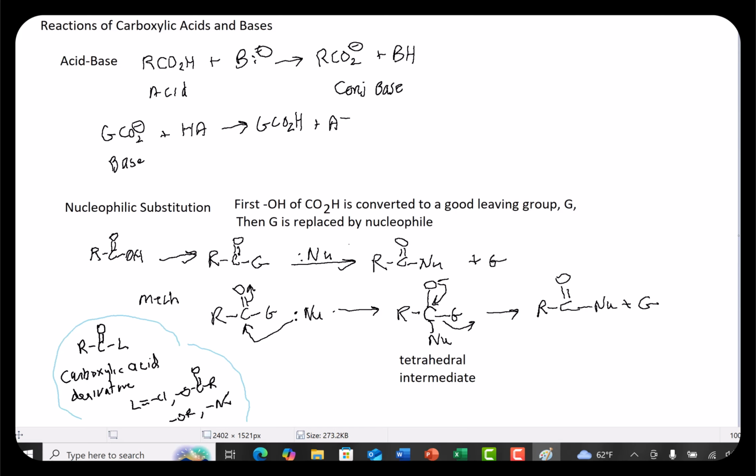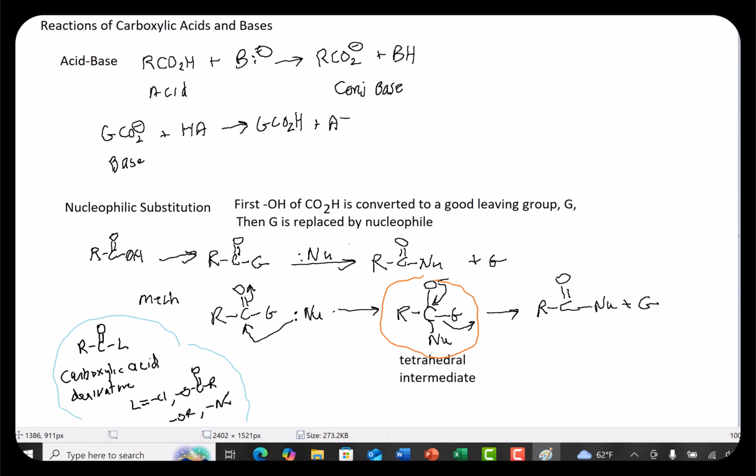The nucleophile bonds to the carbonyl compound to form an intermediate species, shown here. This is called a tetrahedral intermediate because in the carboxylic acid or the derivative, the carbon of the carbonyl group has three things attached. It's called trigonal. And when four things are bonded, of course, the carbon becomes tetrahedral.